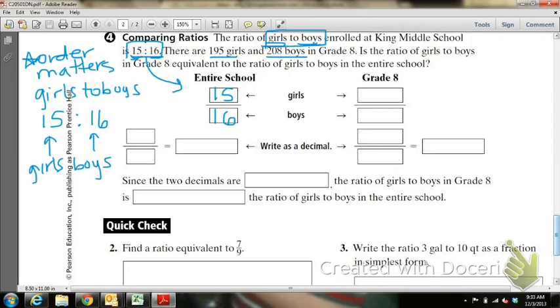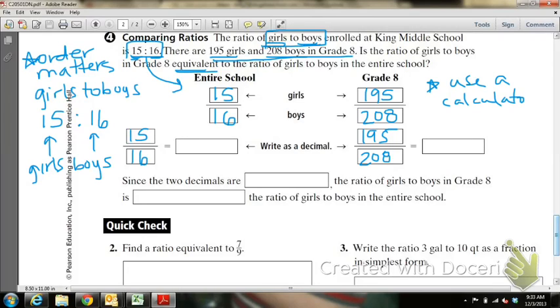So 15/16. In the 8th grade, I'm going to use the bigger numbers, 195 girls and 208 boys. Is the ratio equivalent? I want to know, are these two fractions equivalent? Is 15/16 the same as 195/208? Well, these are pretty big fractions, so use a calculator to divide.